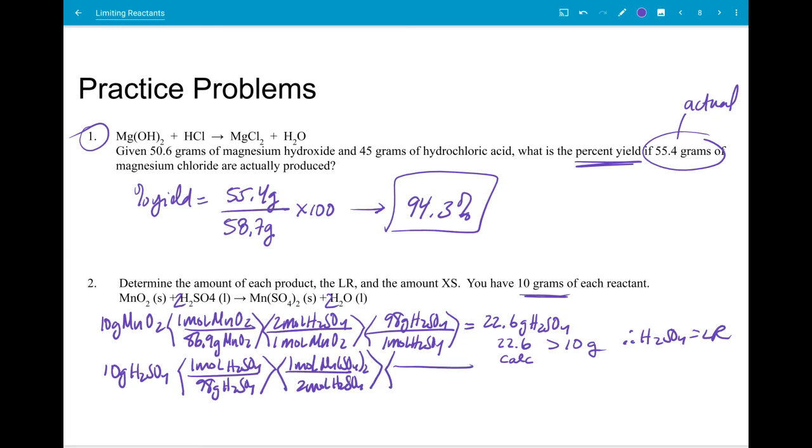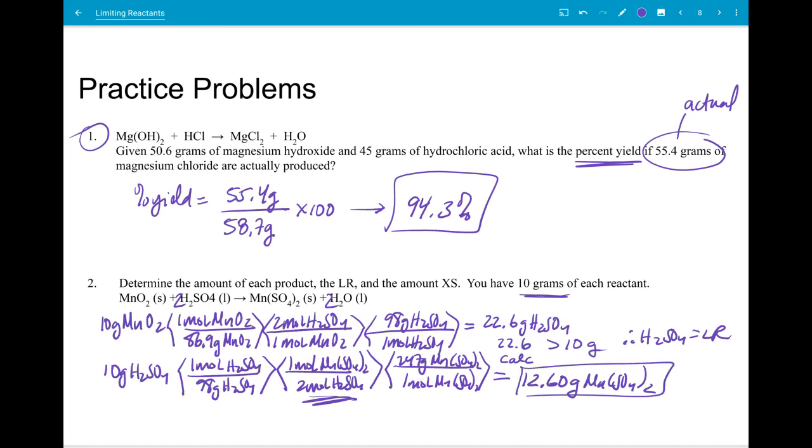The biggest part is just writing out the brackets, which takes a very long time, and it's hard to not get sloppy with them. Just keep in mind, you only have 1 mole for everything except for that middle bracket with the mole to mole ratio. So I found that to be 12.60 grams of MnSO4.